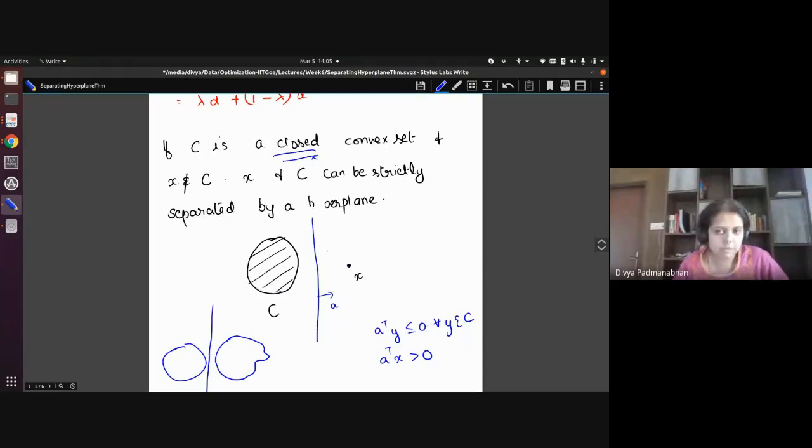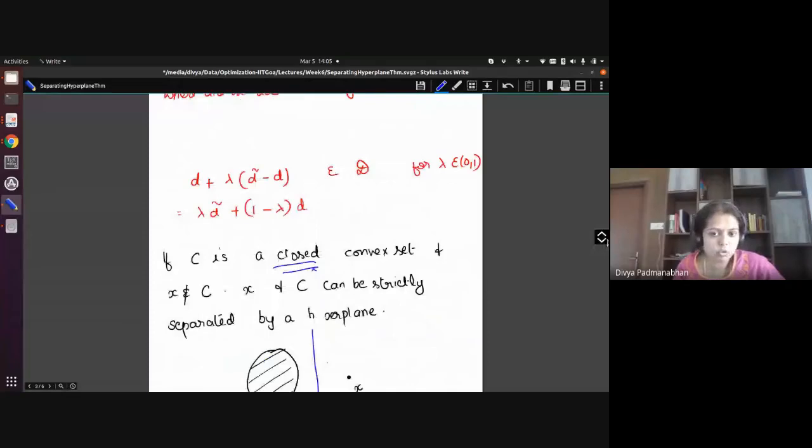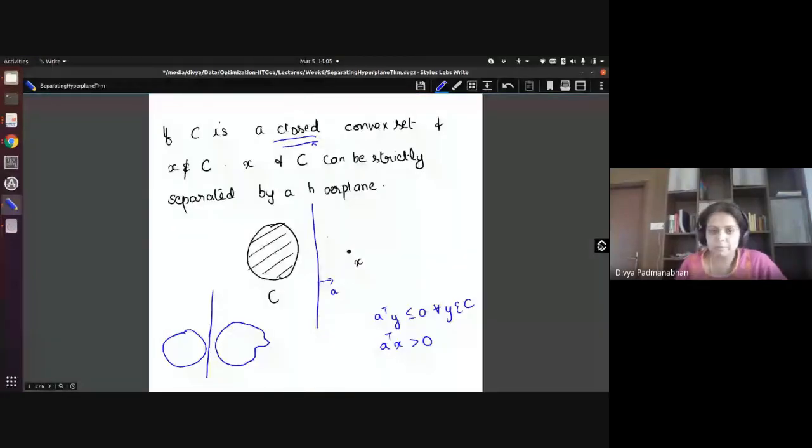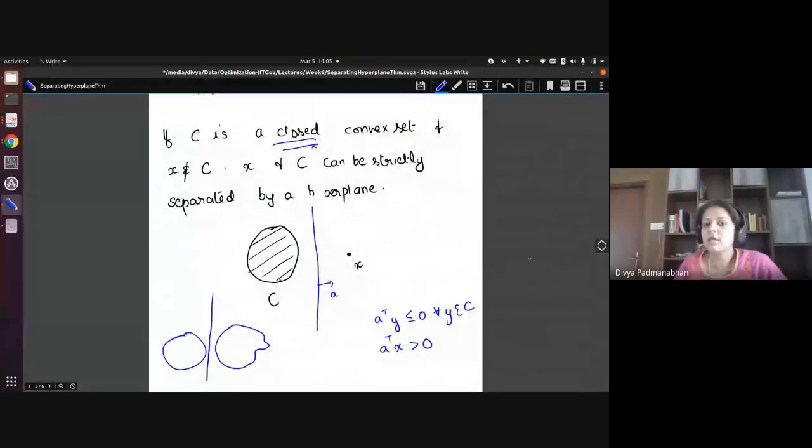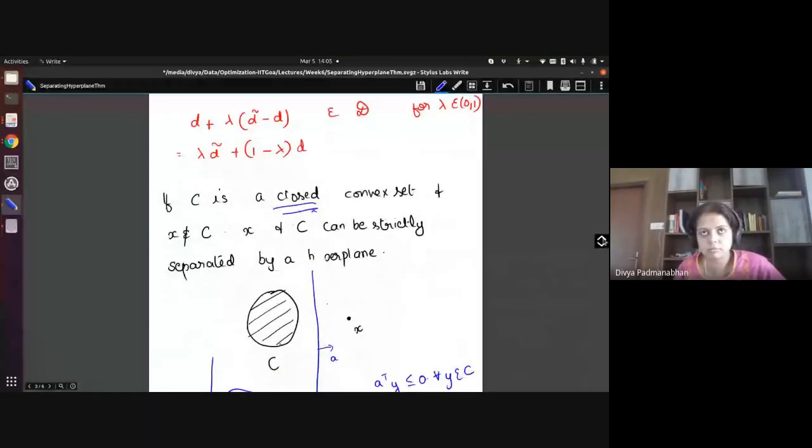Still, you have some separating hyperplane here. So you could construct non-convex sets which still can be separated, but you cannot always guarantee this. Whereas if you have two convex sets which are disjoint, then indeed you can say that there is going to be a hyperplane which separates the two. I just thought I should state this explicitly.